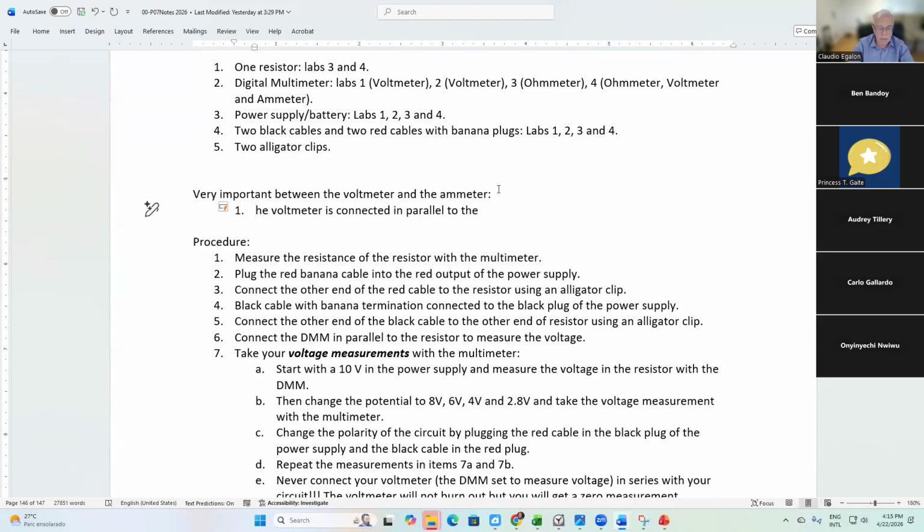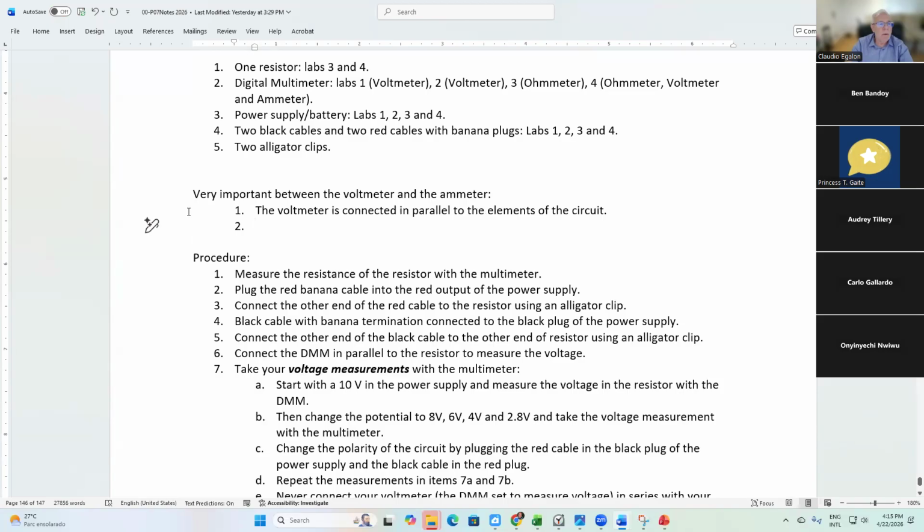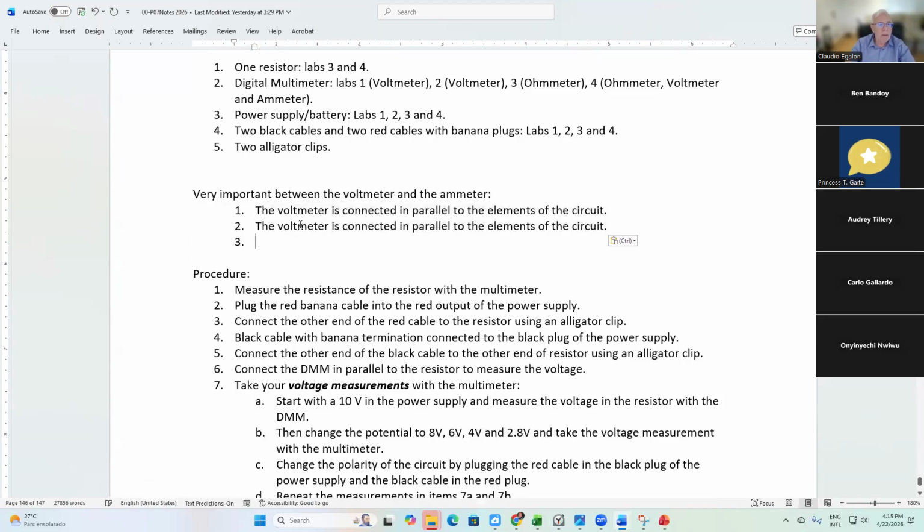One, the voltmeter is connected in parallel to the elements of the circuit. The ammeter is connected in series with the elements of the circuit.